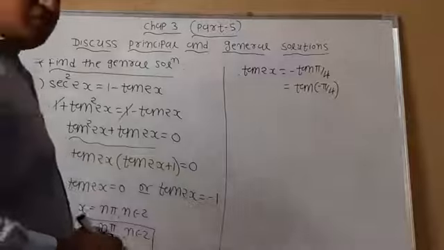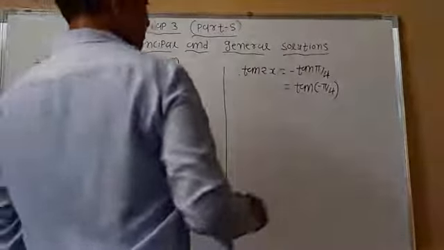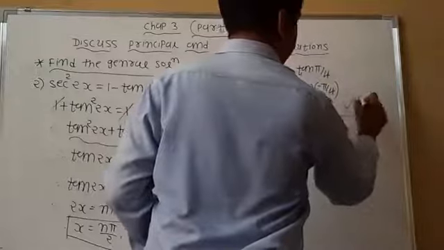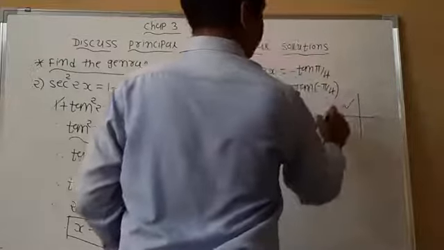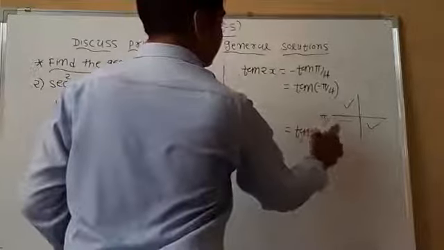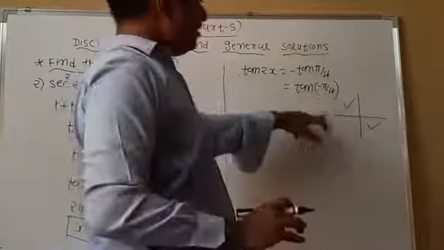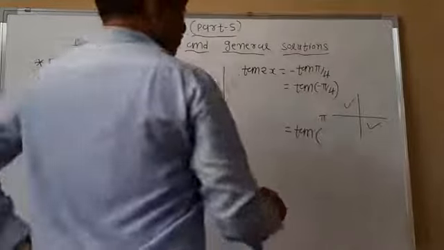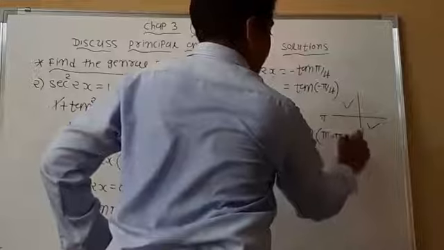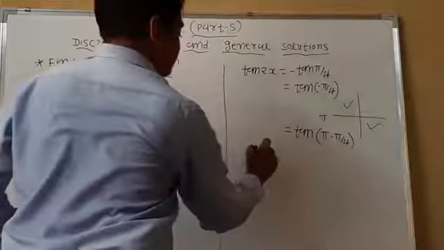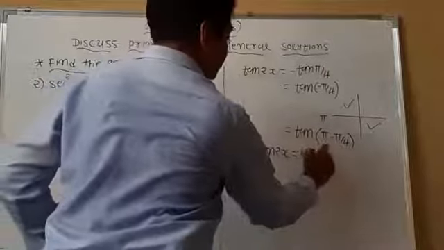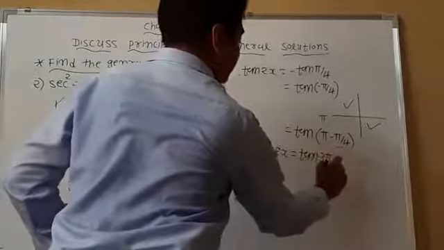Now remove this minus sign. In which quadrant is tan negative? Second and fourth quadrant. So remove this minus sign and write pi minus form. So tan of pi minus pi by 4. Now take LCM. So tan 2x is equal to tan 3 pi by 4.